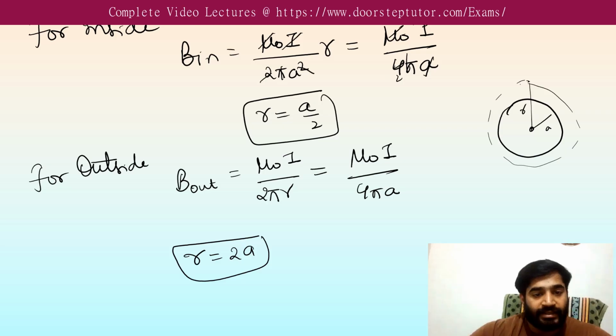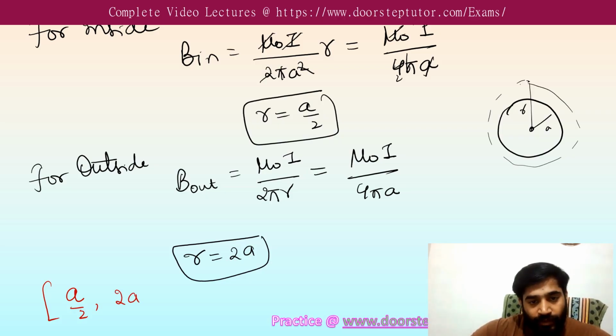The pattern is like this: first you write inside, that is A by 2, then comma, then outside, that is 2A. This is your answer.